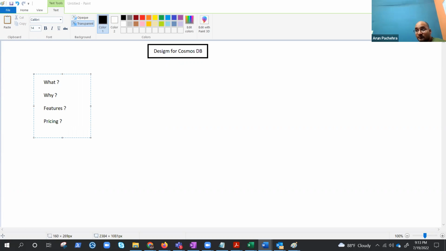When we talk about modern applications, let's take the example of microservices. One of the features of microservices is that you can write them in different languages, and you can use different databases at the backend. So there you go. It has single-digit millisecond response times and guaranteed speed at any scale.